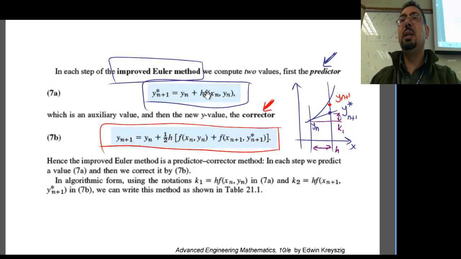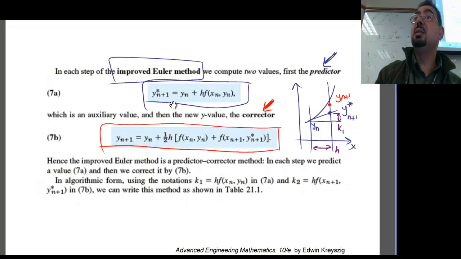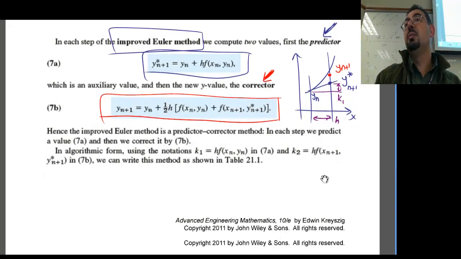So the Excel file will have, at the same xn, yn plus 1 star, and next to it on the same line yn plus 1. And that new value yn plus 1 is what goes to the next x. That's the final, what we have at this xn plus 1.